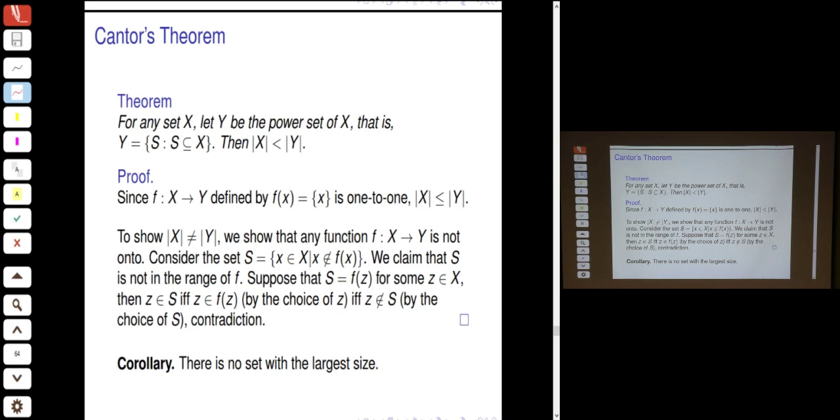No matter how big the infinity we have seen, there's always some bigger infinity. Because take any infinity X, just look at its power set. Then it is a larger infinity. So the world of infinity goes on and on and on, never finishing.